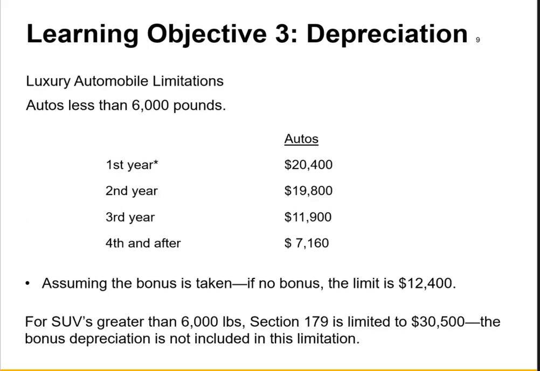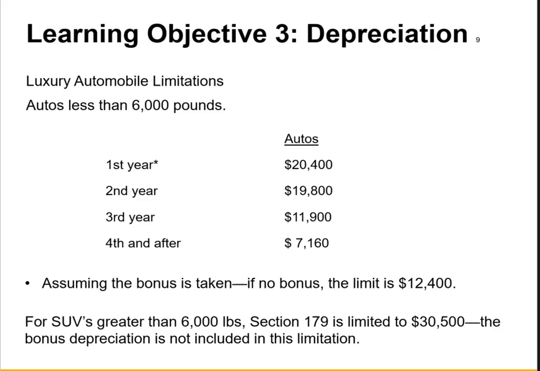This carries over to some limitations having to do with cars. Autos less than 6,000 pounds rated. The maximum depreciation you can have in year one, even with a bonus, is $20,400. No matter how much that car costs you, no matter how you would calculate the depreciation using the tables, the maximum it could be is $20,400, then $19,800, and then $11,900, and then every year after that $7,160 for as long as you have that asset or that auto.